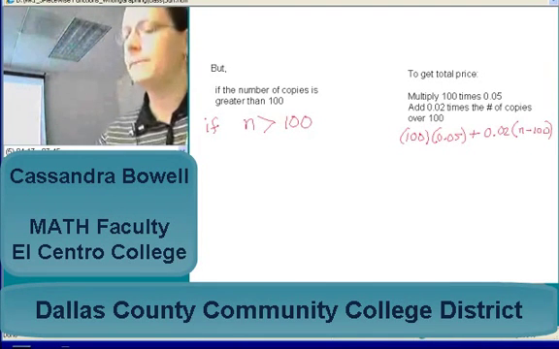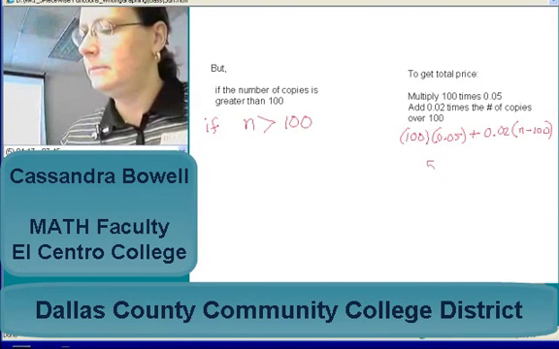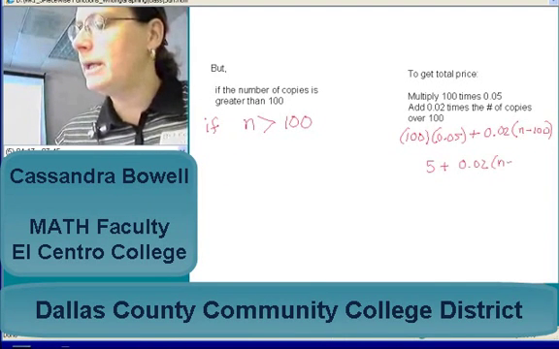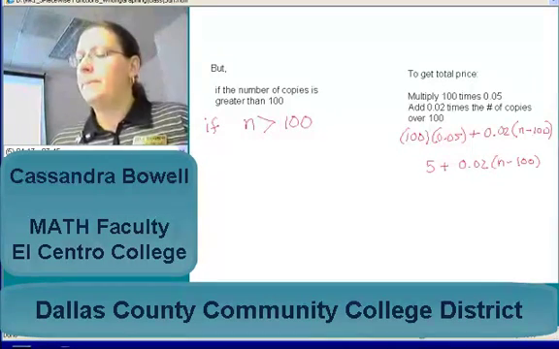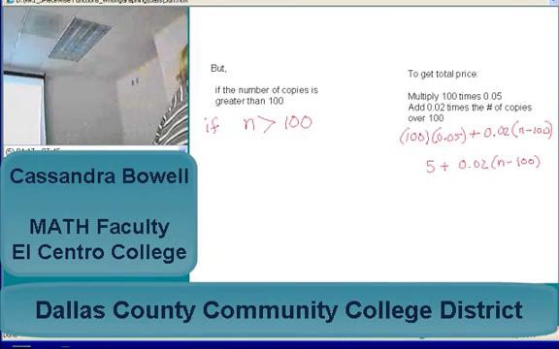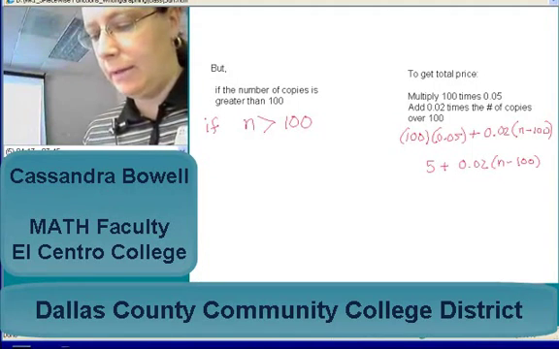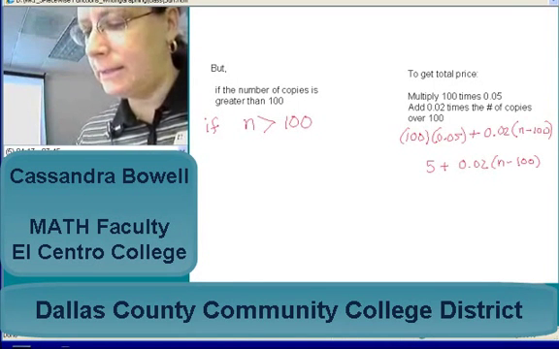Okay? So that can simplify some because that can look like this. $5 automatically plus 2 cents times the number of copies over 100. So what that ends up looking like is this.